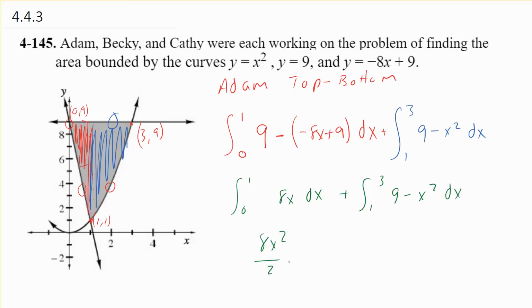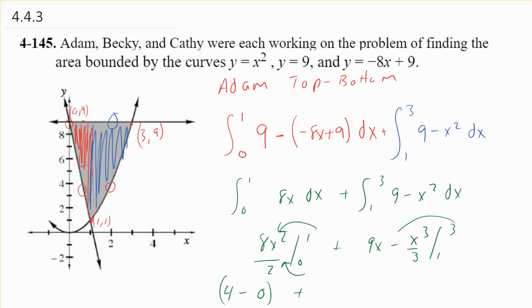8x squared divided by 2 from 0 to 1. 9x minus x cubed over 3 from 1 to 3. So if I put the 1 in here, I get 8 halves, which is 4. If I put the 0 in here, I get 0. Plus, let's put the 3 in here.